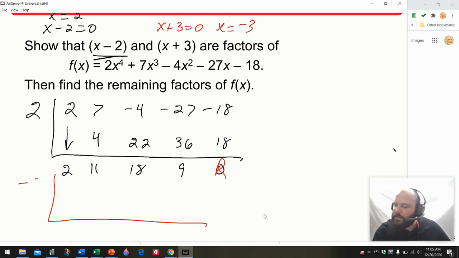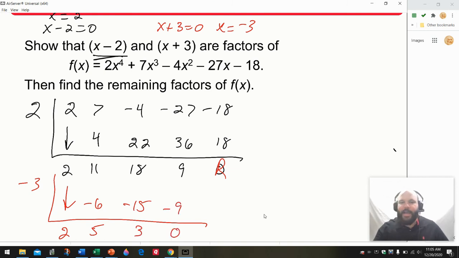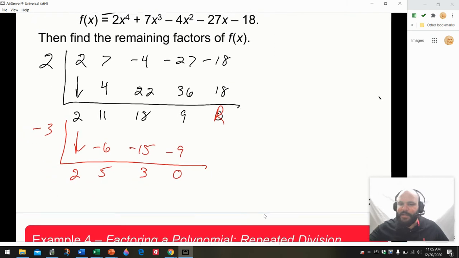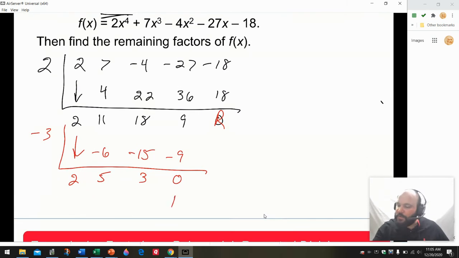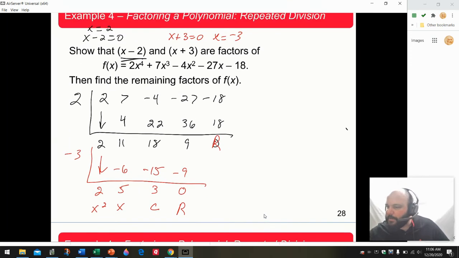And I'm going to do synthetic division with the number negative 3. So this 2 is going to drop. Then I'm going to multiply. Then I'm going to add. Then I multiply, then I add. Then I multiply, and then I add. And look at that, I got another 0. Again, I should have. So this is my remainder. This is my constant. This is my x. This is x squared.